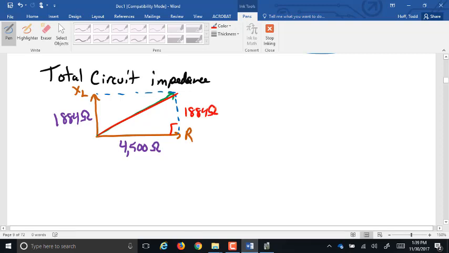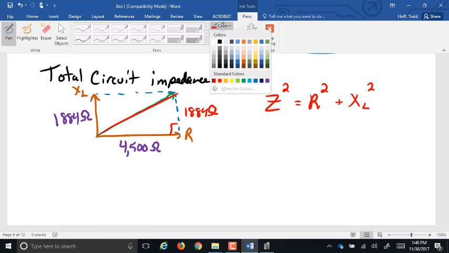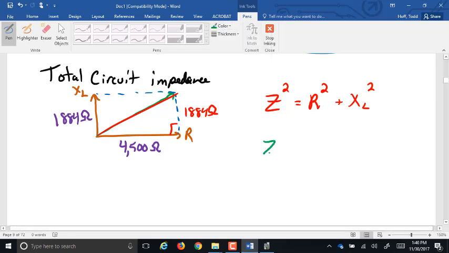So it's A squared plus B squared equals C squared. The total impedance of that circuit, Z squared, is equal to the resistance squared plus the inductive reactance squared. So Z squared is 4,500 squared plus 1884 squared.